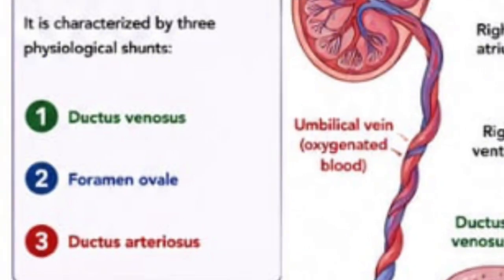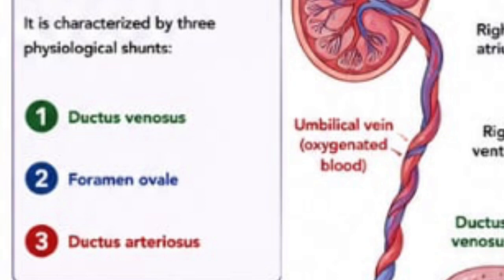There are three basic physiological shunts needed for fetal circulation to occur well between the mother and the child, and within the child. The first is the ductus venosus, which is present in the child.